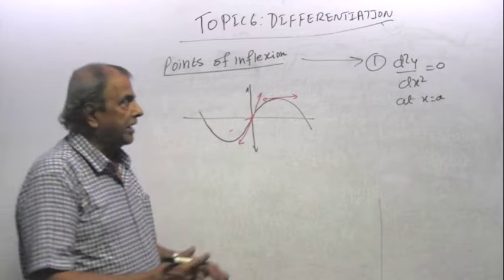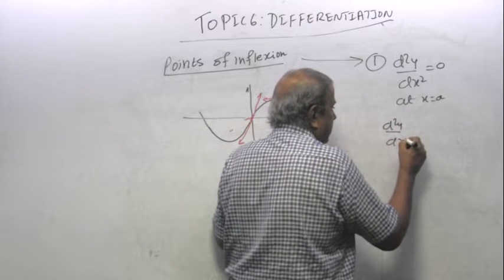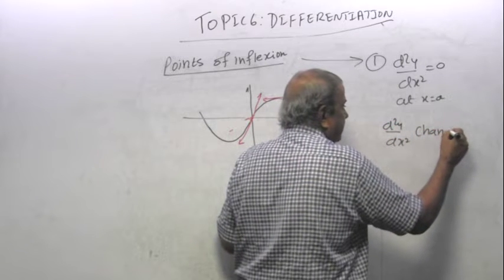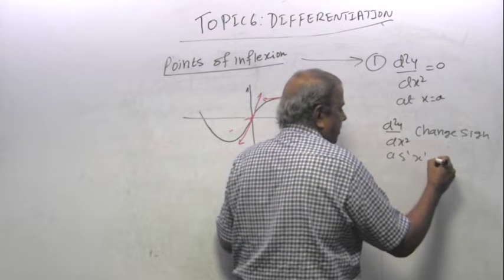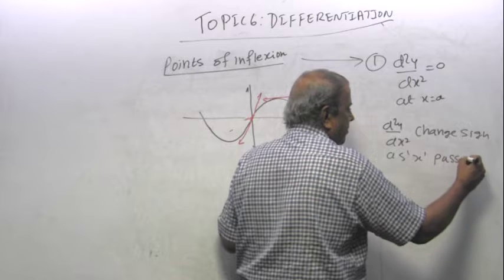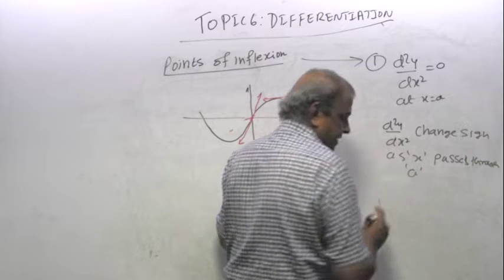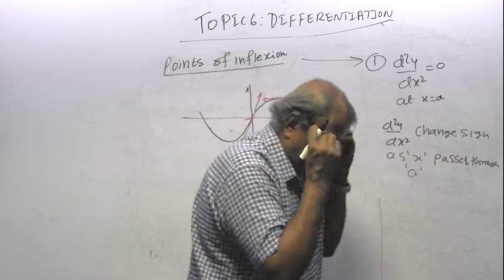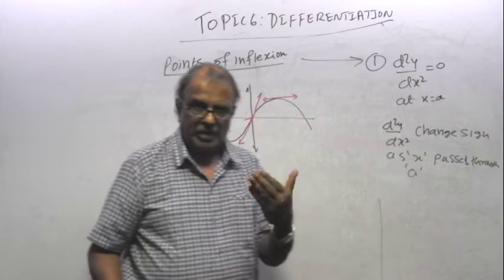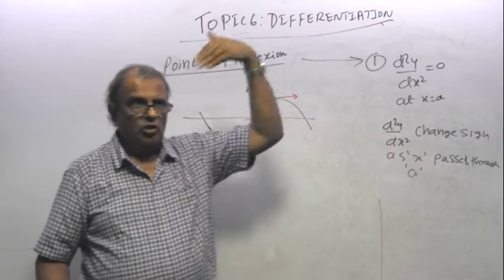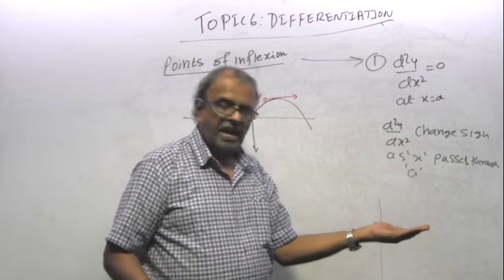The other thing we look at is whether d squared y by dx squared changes sign as x passes through a. Meaning the sign of d squared y by dx squared, as x increases, should go from positive to negative or from negative to positive, as the case may be.